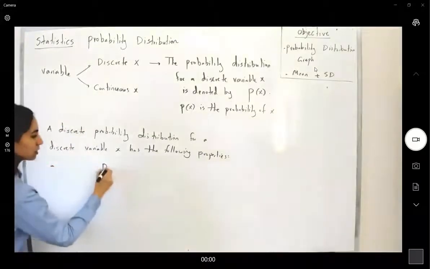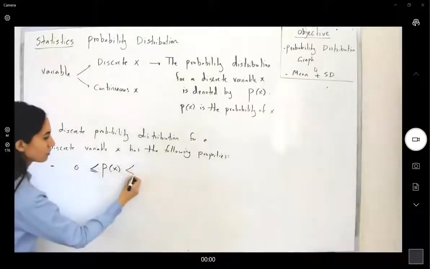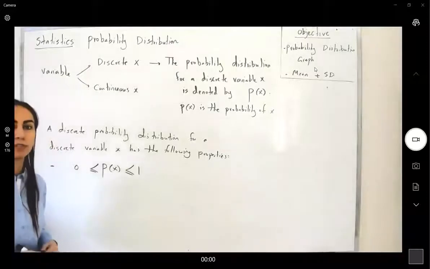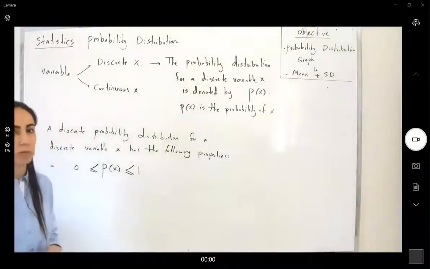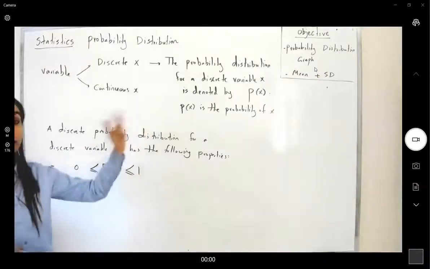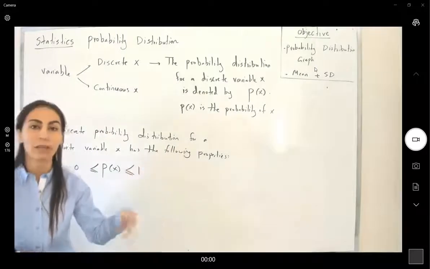So probability of variable x is between 0 and 1. We don't have probability like 1.5 or a negative probability. Note that since x takes on different values, x can be 0, x can be 1, x can be 2.